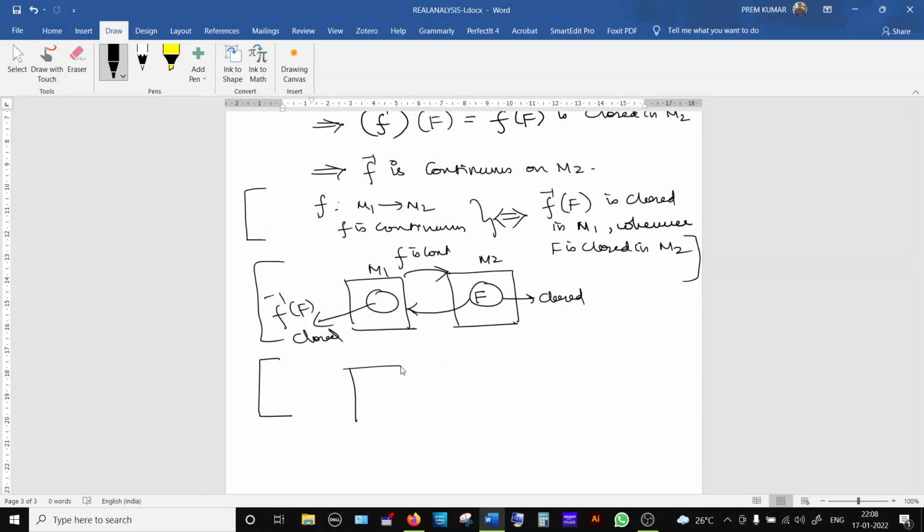So f inverse is a function always from M2 to M1. So now we take one closed set here in M1. What is the inverse image of this under f inverse?